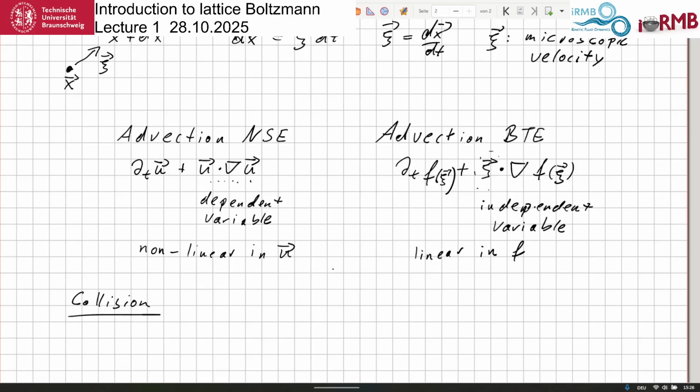So collision, and we make here an important assumption, which is that only binary collisions exist. Binary means there are two particles meeting and not three particles meeting at the same time.